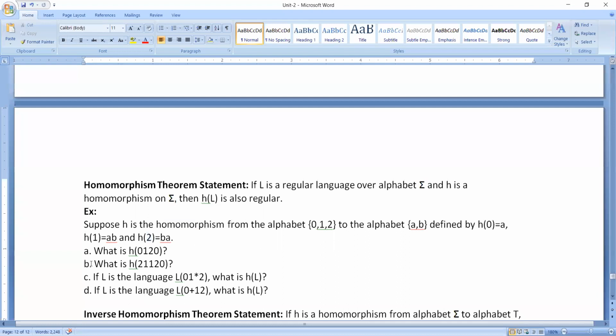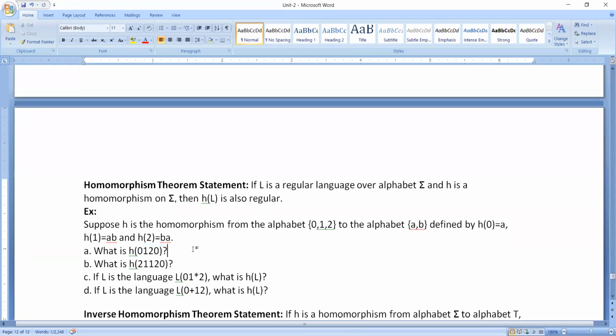Now the question is, what is H of 0, 1, 2, 0? In the problem statement, he has given individually that 0 is an input symbol, 1 is also an input symbol, and 2 is also an input symbol of this homomorphism function. Now we need to apply this homomorphism function not on individual symbols, but on the complete string.